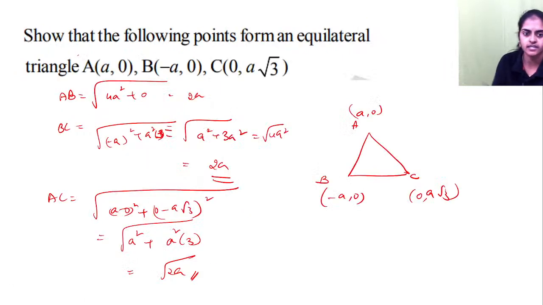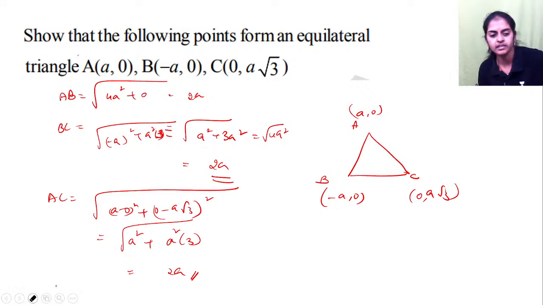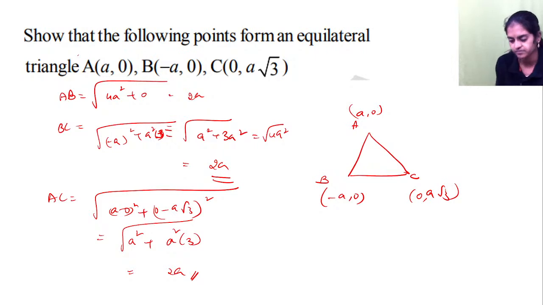Yes, see here once. Clear everyone? Till here is the question clear? Let me know. AB equal to BC, exactly. So clear here? Shall we proceed with the next one? Yes.